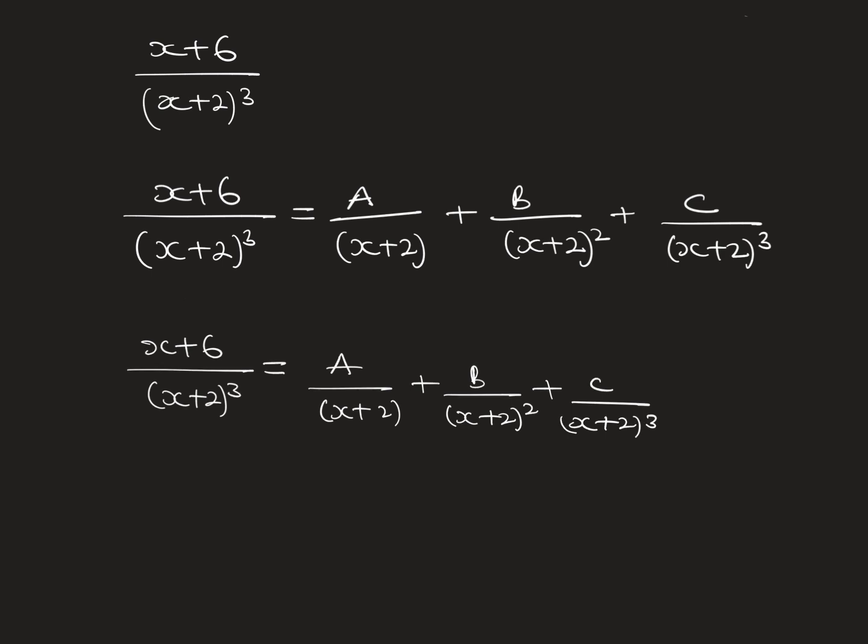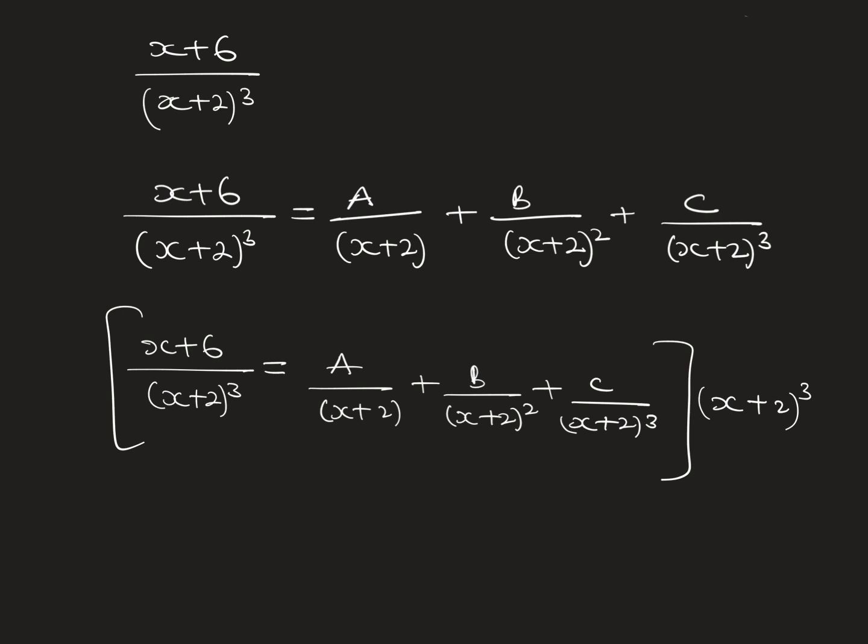We can multiply the whole of this by (x + 2)^3, right? Here we have (x + 2)^3. If it goes into (x + 2)^3, they will cancel out, so it will be 1. Then 1 times x + 6 is x + 6, right?